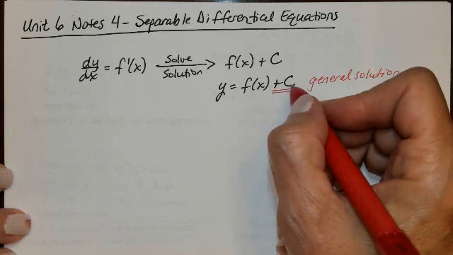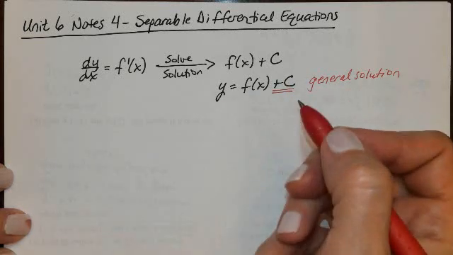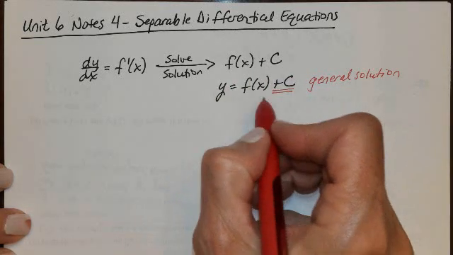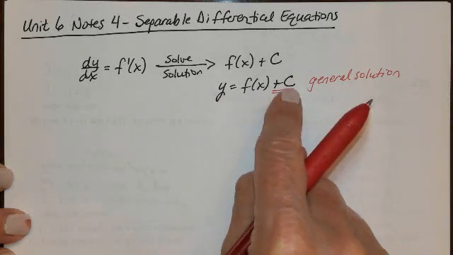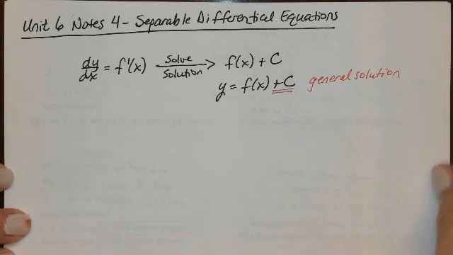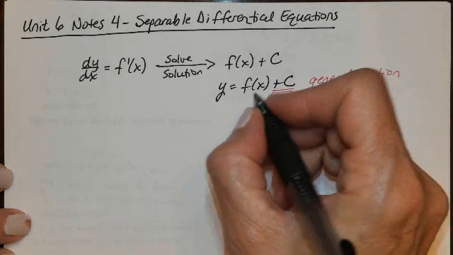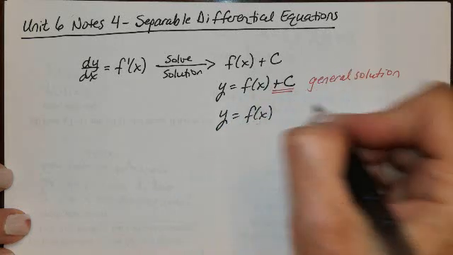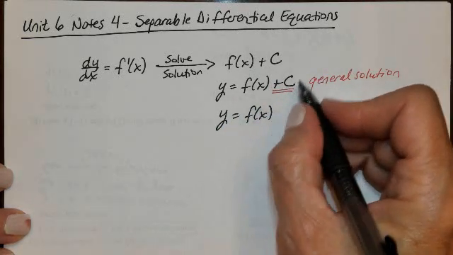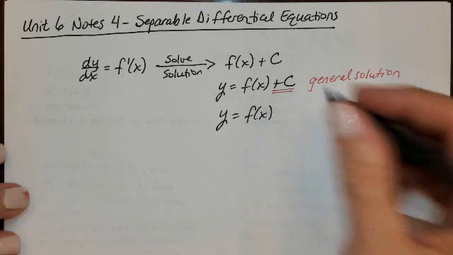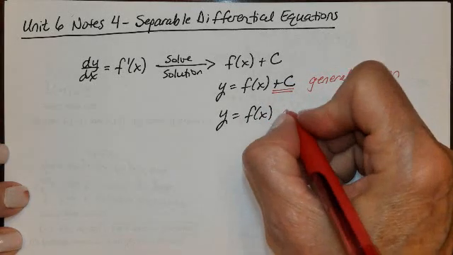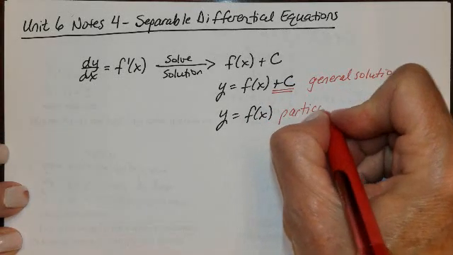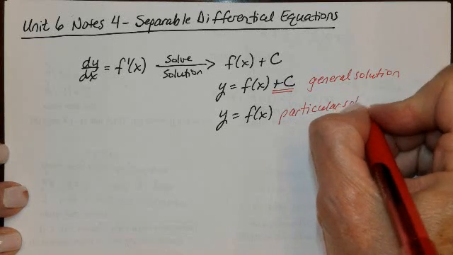So if they give you a point on this function, then you can plug in the point and solve for c. When you do that, when that c becomes part of this function, then that is called the particular solution.